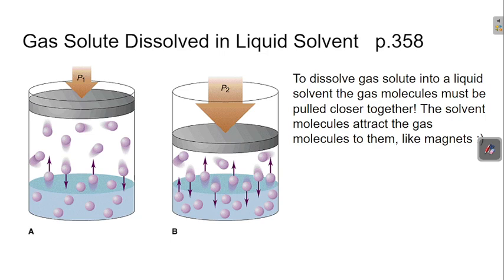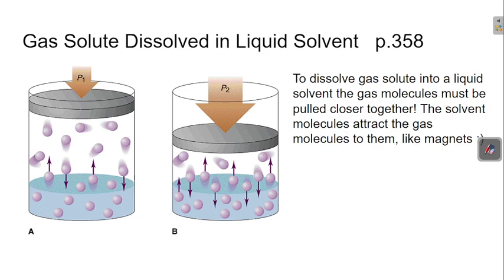So for that solute to be dissolved in a liquid, like when you're making carbonated drinks, you need to pull those atoms and molecules into the liquid. There has to be a very strong attraction between those atoms and molecules in the gas and the liquid in which they have to dissolve. If there's not that attraction, like magnets, it will not dissolve unless you help it.